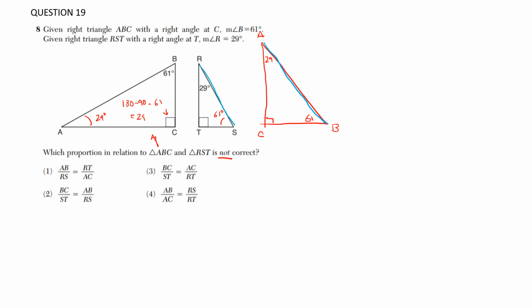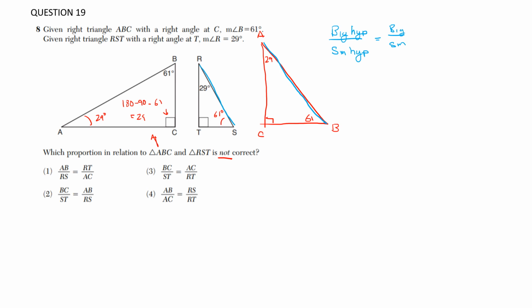AB over RS. So we have the big triangle's hypotenuse over the small triangle's hypotenuse. I'll write that as HYP. So what we're looking for on the other side is something like a big over a small, right?